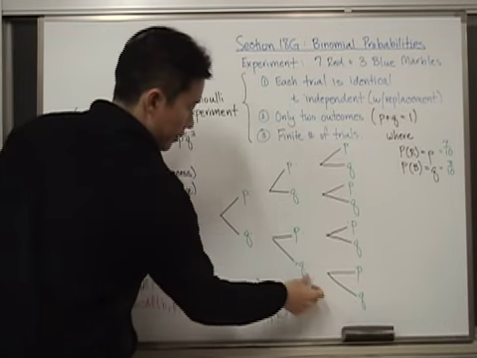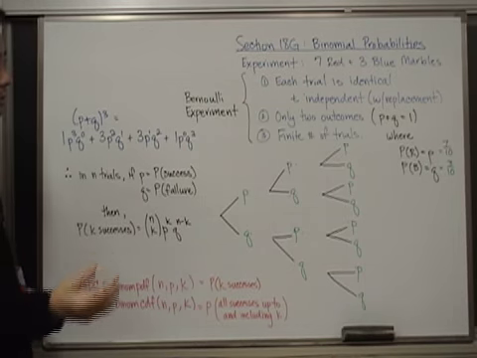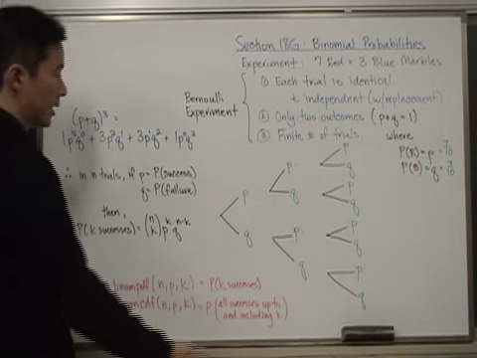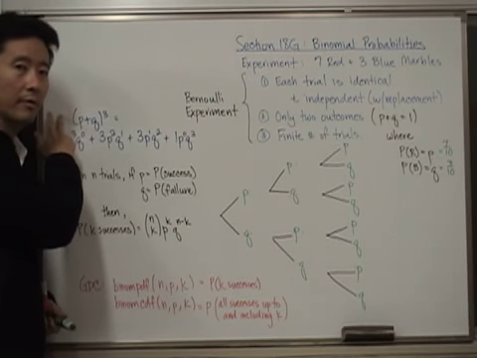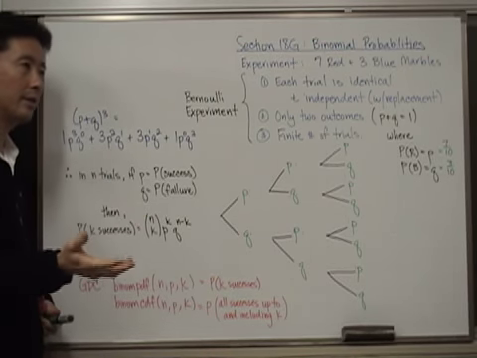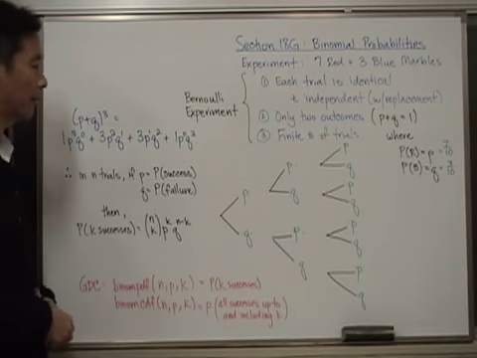Now we need to expand this to more than just 3 trials. This is just 3 trials, but we know how to do that because we know how to expand this for any particular value of n, and that value of n is the number of times that we repeat the trial.